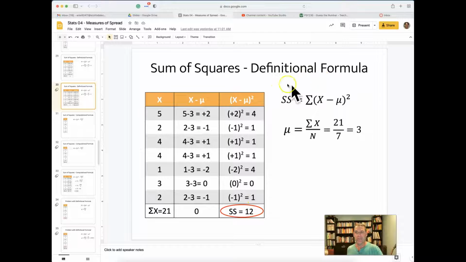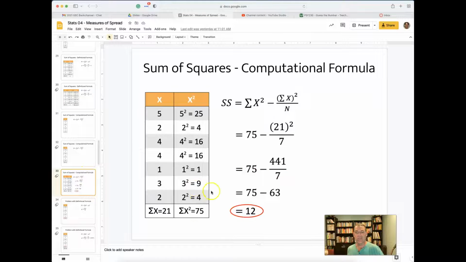But this is specifically for the definitional formula, because in that far right column we have all of the deviations that we found in this column squared, and we sum up all the squared deviations. So we take the deviations, we square them, and then we sum that up. That's why sometimes people feel like, oh, that's where I get it. But when we do the computational formula, it is not that far right column. It is a result of the formula. So just try to keep some of that straight.